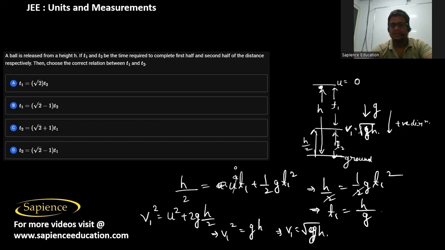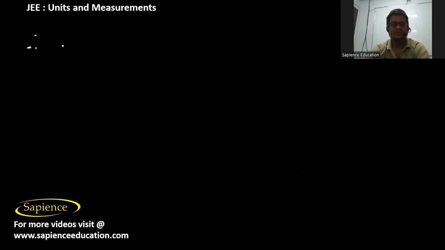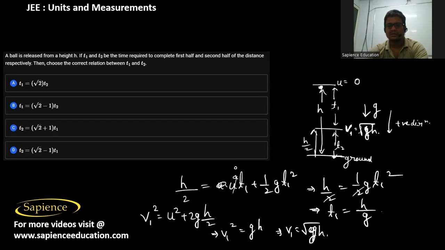Then from here the time required is t2. So I can say that s, that is h by 2, equals ut, that is v1 into t2, since here the initial velocity is v1, and in the next half of the distance covered the time required is t2.